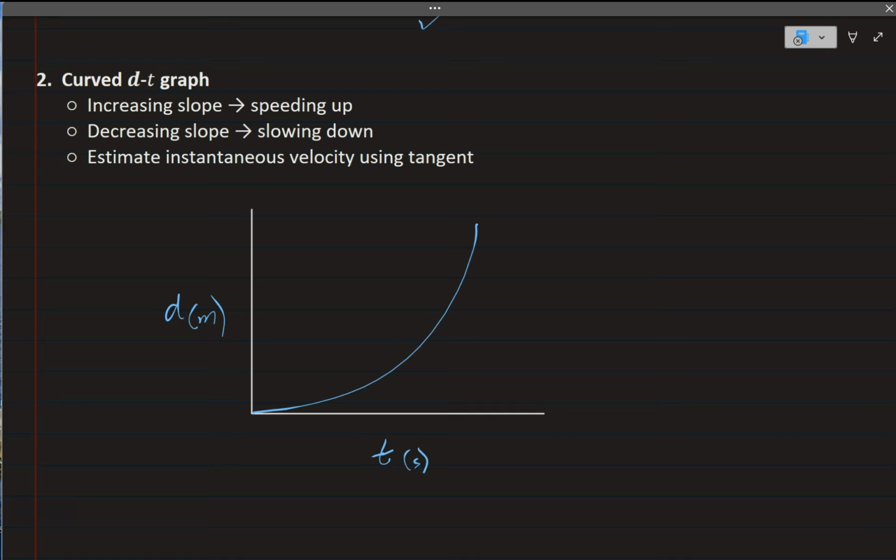At different points on this journey, there are different times, T1, T2, all the way to, let's say this one, T5.